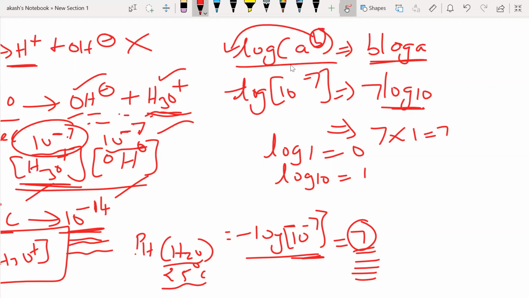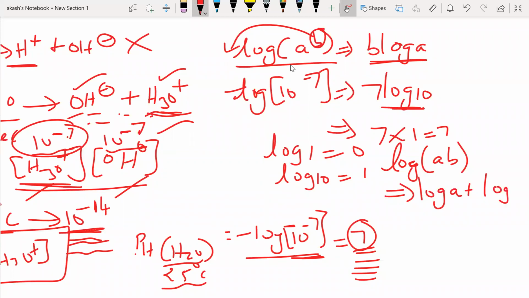Another operation you have to remember is log of a into b, log of ab. If I have a multiplication, I can write it as log a plus log b. Please remember this also. Whenever I have multiplication of two things inside, I can just open up the log and write it as an addition, log a plus log b.